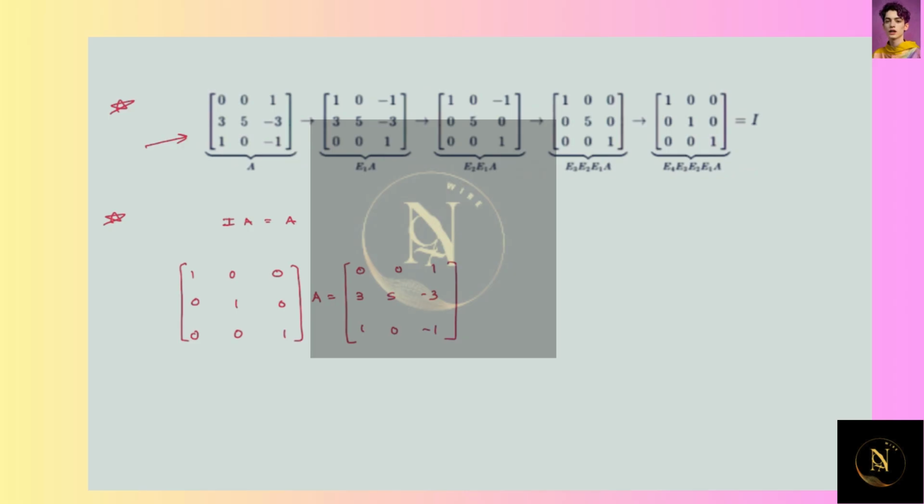Right, okay, so first we need to interchange first and third row. So our row operation is R1 interchange R3. And here also we need to interchange first and third row.